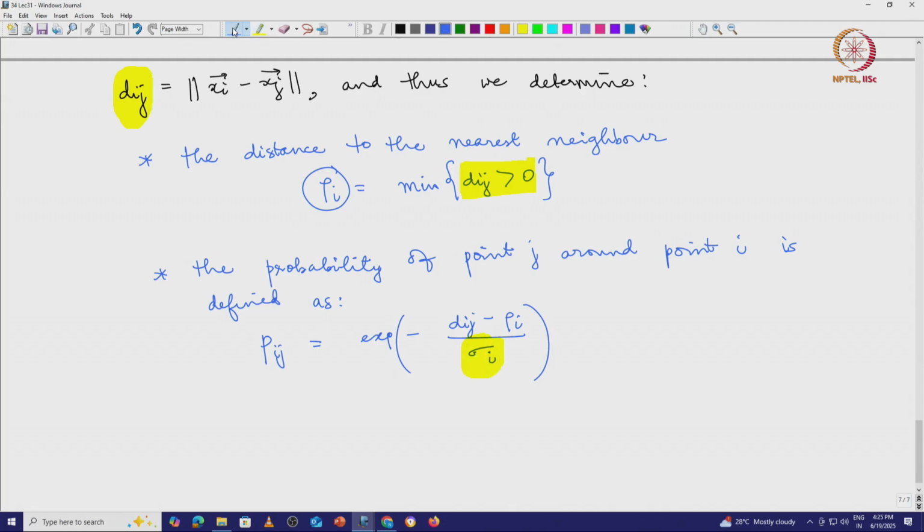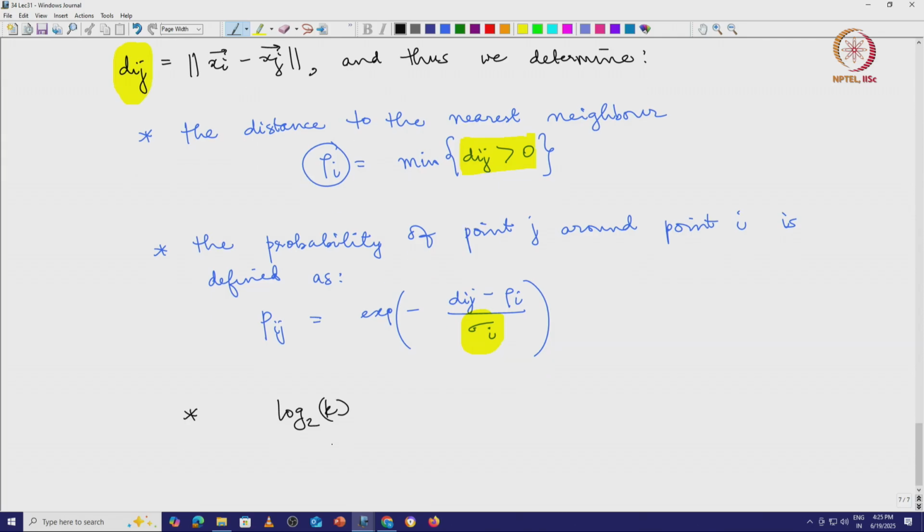This sigma I is obtained again by ensuring the average number of neighbors k, so log 2 k is the sum over j equals 1 to k of Pij, and this sigma I can thus be obtained.